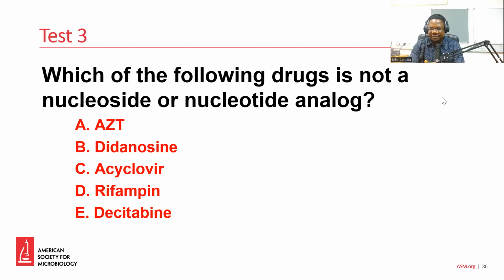An extra test for you for this topic 5. Which of the following drugs is not a nucleoside or nucleotide analog? We spoke about nucleoside and nucleotide analogs. Pause your video for 30 seconds and try to get the correct answer.